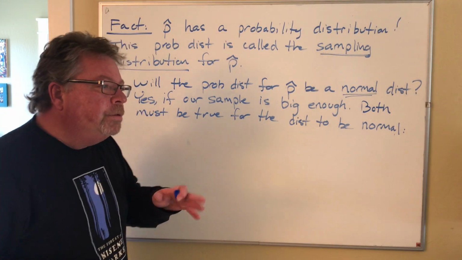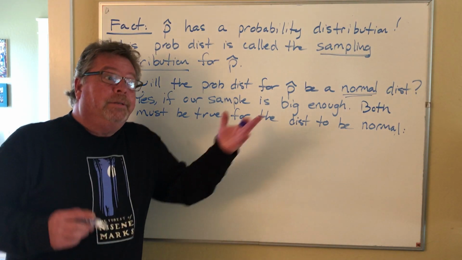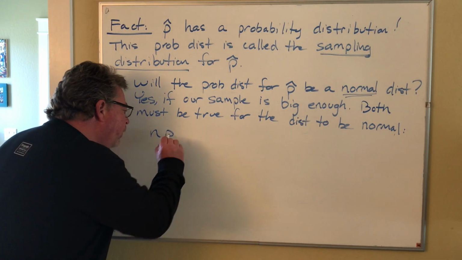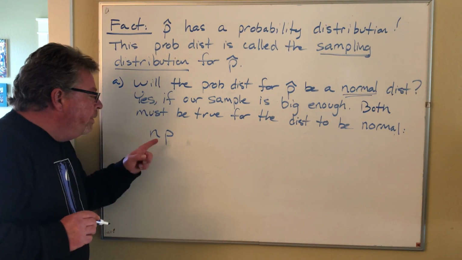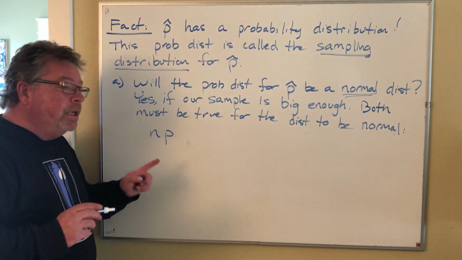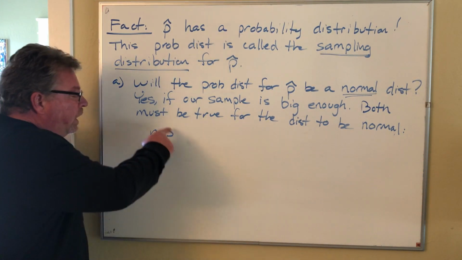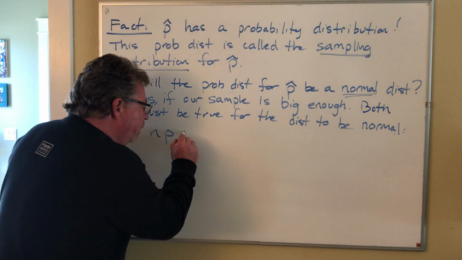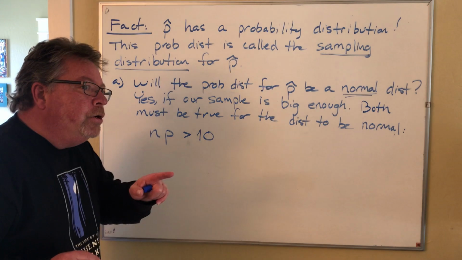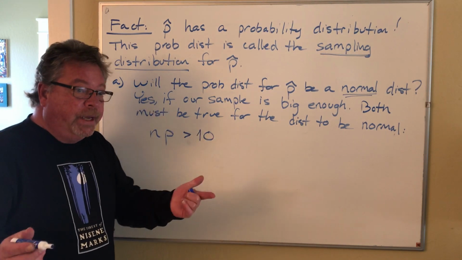So what we're going to do to check to see if the sample size is big enough is take the sample size and multiply it by the population proportion, the percentage of the population that has the characteristic. If this product is greater than 10, everything's looking good. It looks like the sample is big enough.